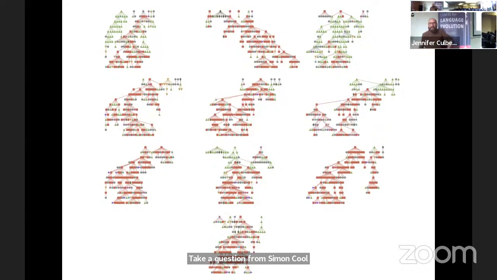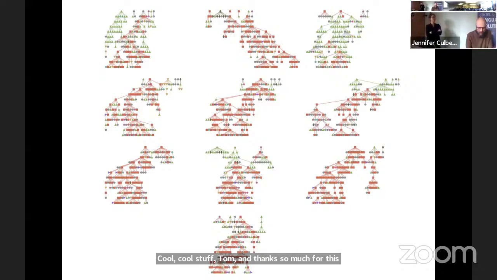Cool stuff, Tom. Thanks so much for the talk. I was trying to square some recent work in language evolution with your framing of the problem. There's a lot of work at the moment talking about languages as being on this optimal frontier between simplicity and informativeness.